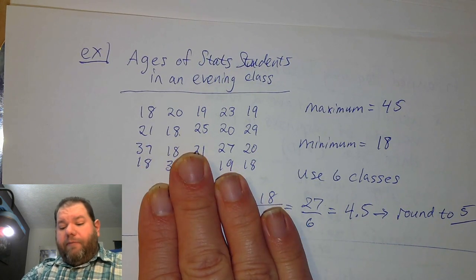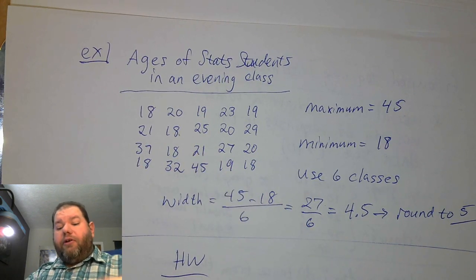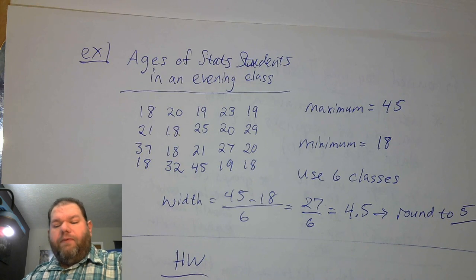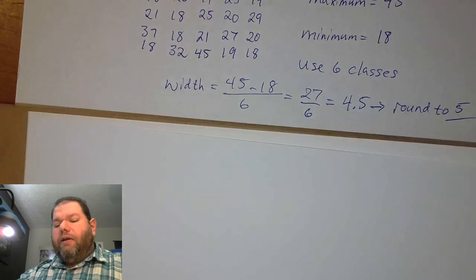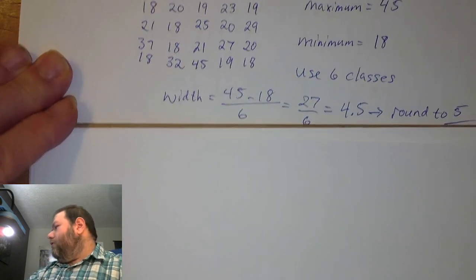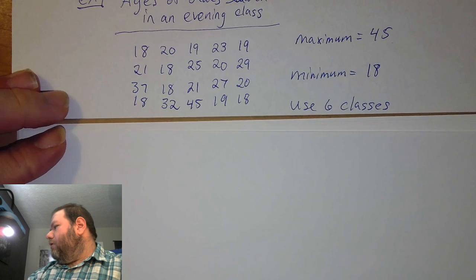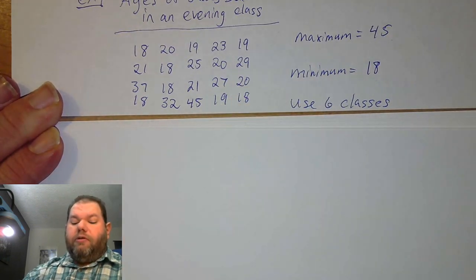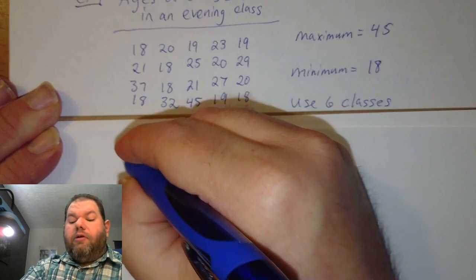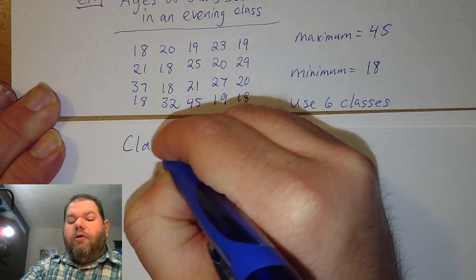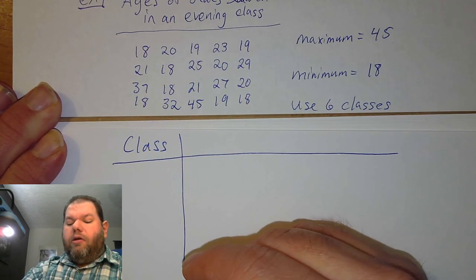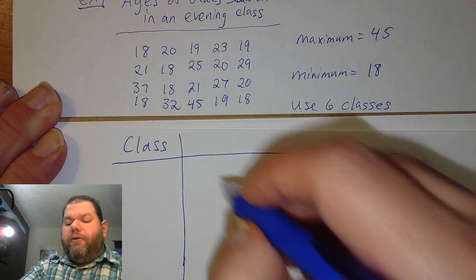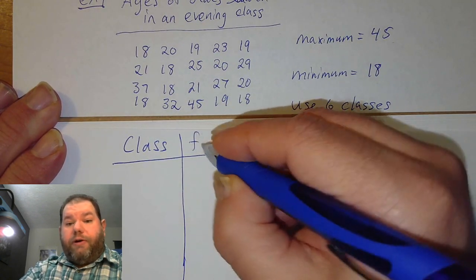So we have this information, and now the goal is to create our classes, which is where we stopped before. We just need 2 more columns.